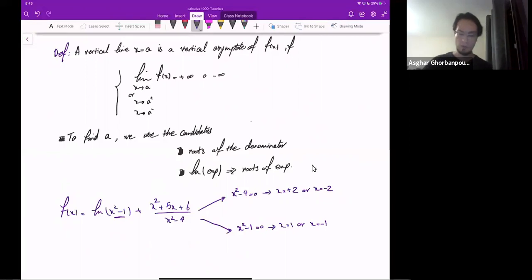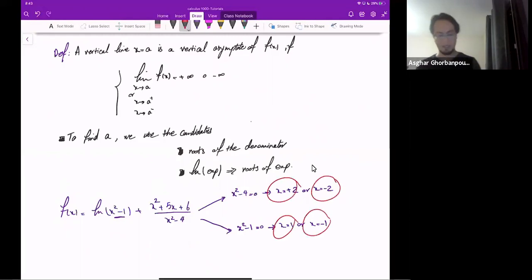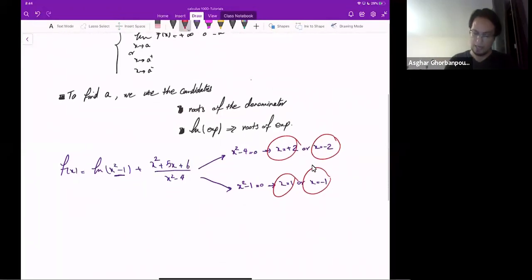I have to work with these 4 candidates and see if any of them gives plus infinity or minus infinity. One by one, we have to try.